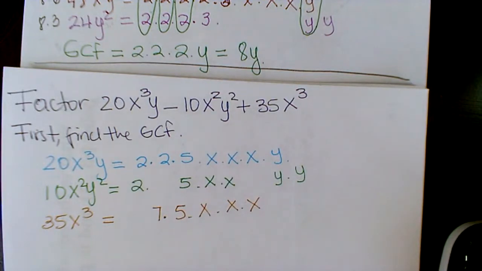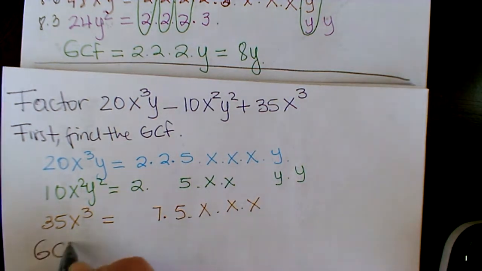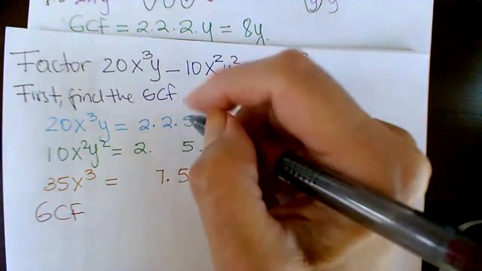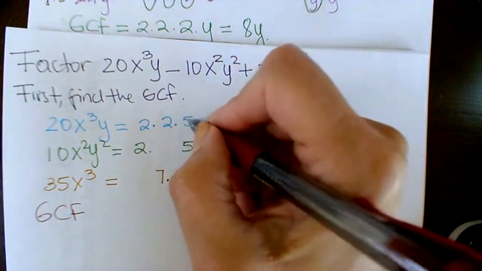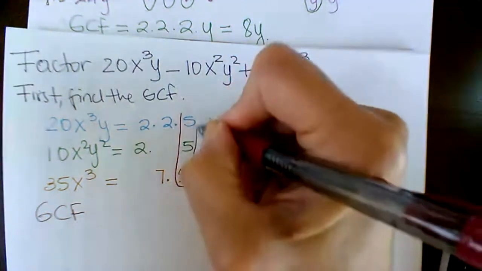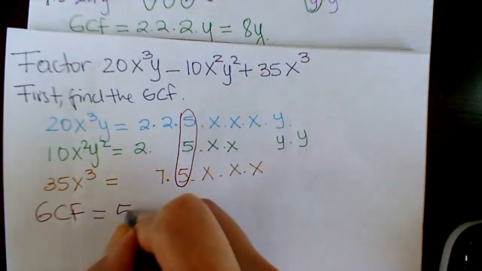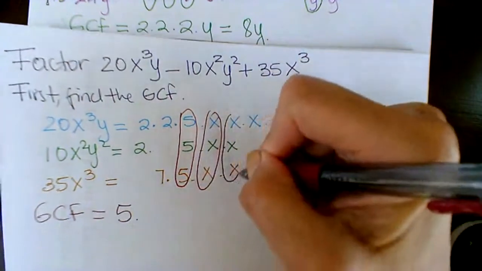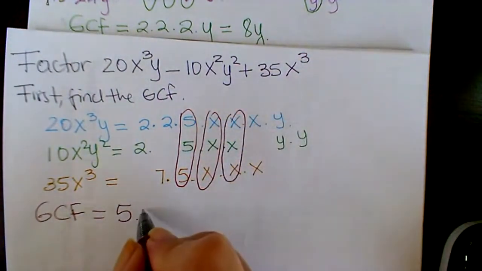So now, greatest common factor. It's going to be, what number is on all of them? The 5. 1x and 2x on all of them.